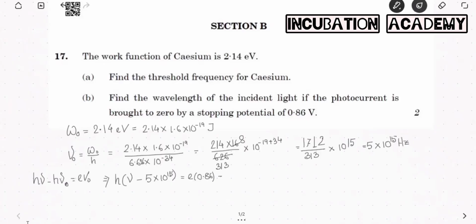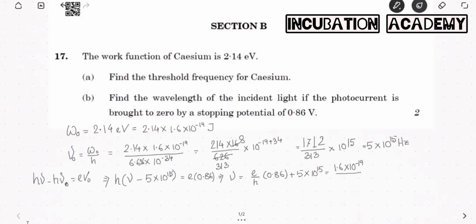Then if you want to find what is nu, obviously it will be e divided by h multiplied by 0.86, plus 5 multiplied by 10 to the power 15. What is e? e is 1.6 into 10 to the power minus 19.